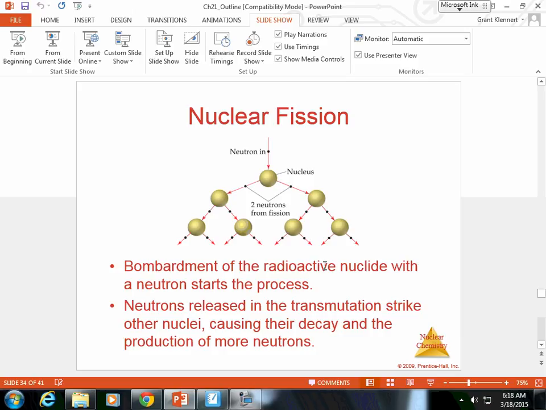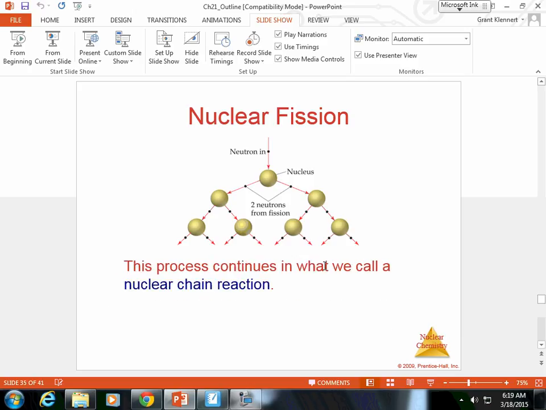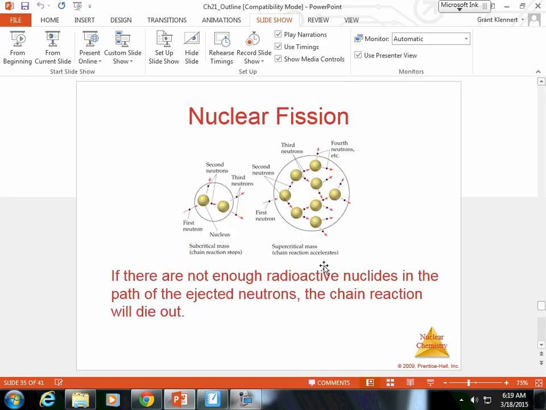You're going to bombard a radioactive atom with a neutron to start the process. More neutrons are produced, so it's a chain reaction. Nuclear fission continues to happen. The process is called a chain reaction because you create more neutrons, which bombard more things, so it's a nuclear chain reaction.